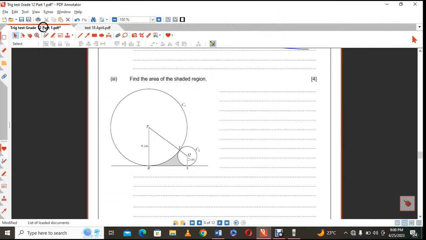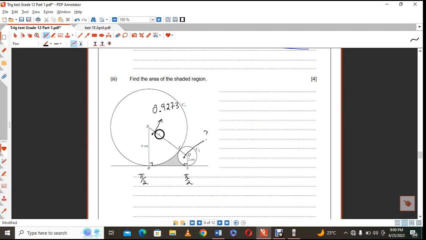We now know that this angle over here, from our previous work, is 0.9273. We also know that these angles here, just to bring it out, is pi over 2, or 90 degrees, okay? Pi over 2. And we need to find this angle.